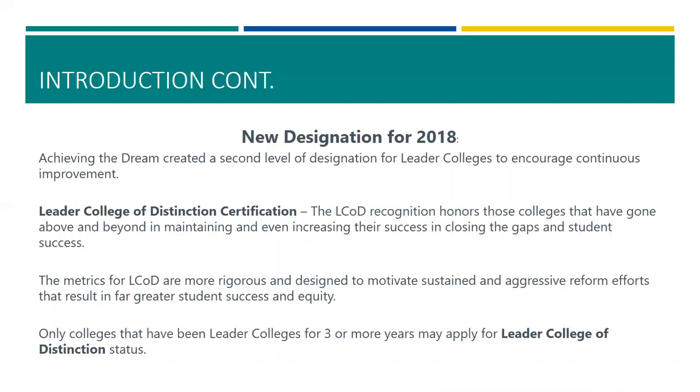Leader colleges that meet new, higher student outcomes criteria will be given the title of Leader College of Distinction. These more rigorous requirements are meant to motivate sustained and aggressive reform efforts that result in far greater student success and equity. Only colleges that have been Leader colleges for 3 or more years may apply for this status.